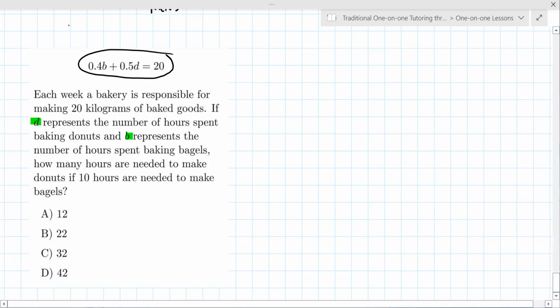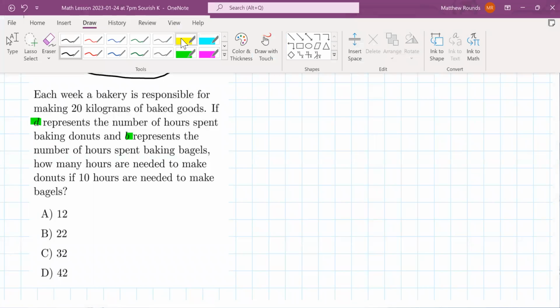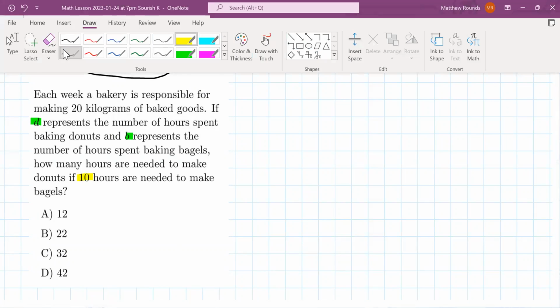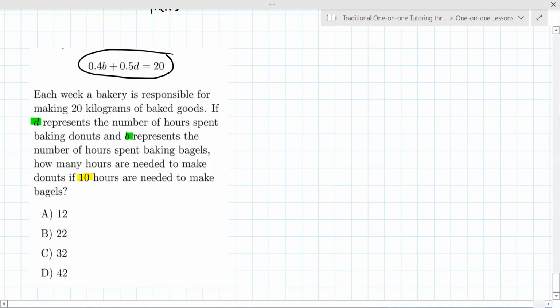I would just say it's 10 hours. Is that B or D, Sourish? B. That's right, B is 10. So we're going to put 10 in for B.